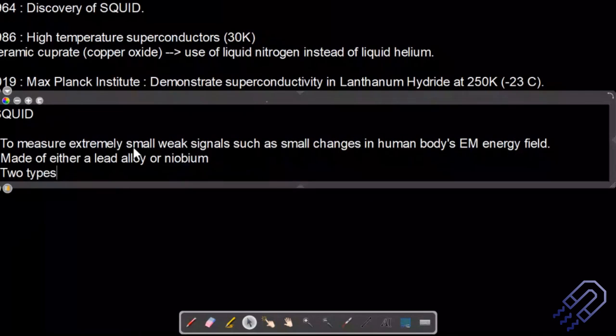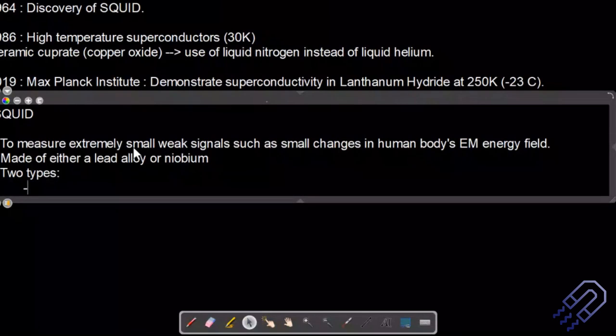Whatever effect I mentioned was based on the DC signal. There is also something which is based on the RF signal or the AC signal, so radio frequency. So, RF SQUID.